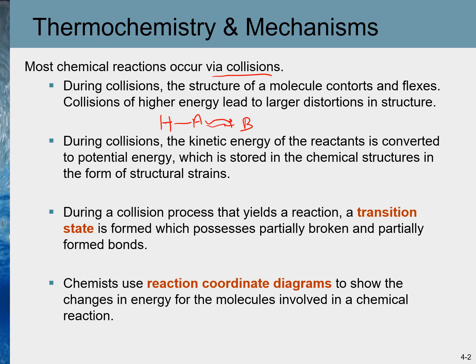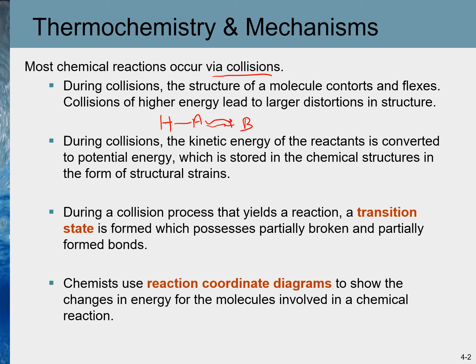During these collisions, the kinetic energy of the reactants is converted into potential energy, which is stored in the chemical structures in the form of structural strain. So in other words, whenever they collide, the structure of the molecule gets strained.